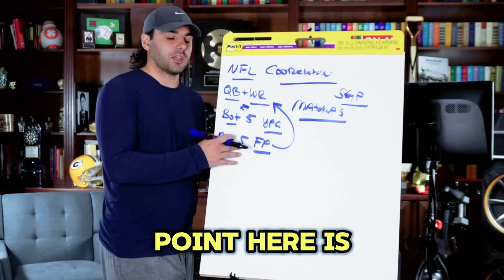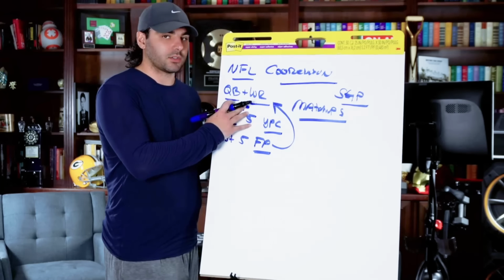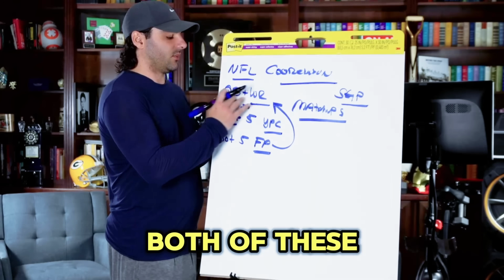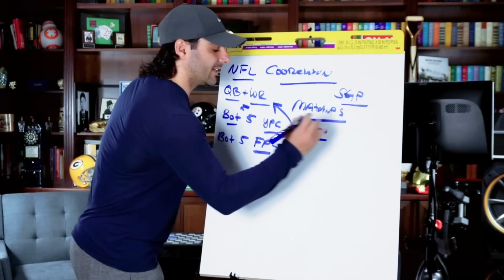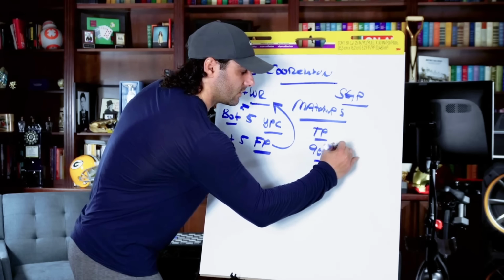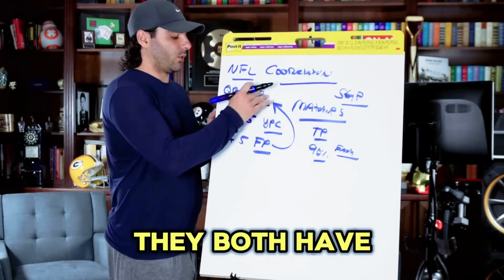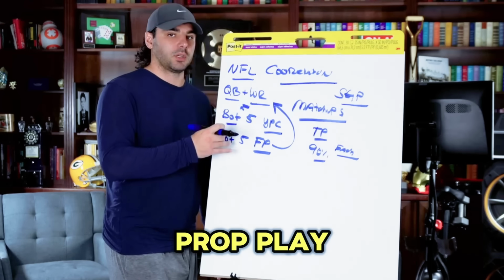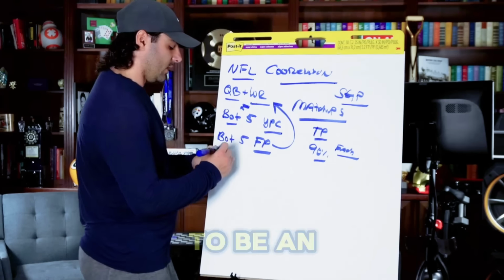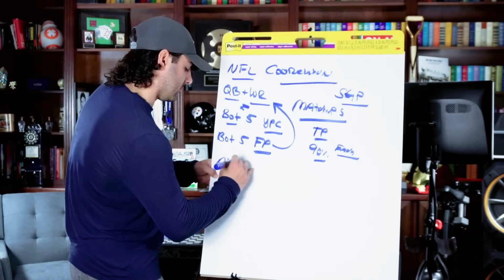Now a key point here is what we're looking for, odds-wise, is we need both of these, the QB and the receiver, to have a true probability of at least 90% each. Okay? They both have to have a 90% true probability of being able to hit their prop play. Now, how you find that prop play is going to be an alternate line. Okay?